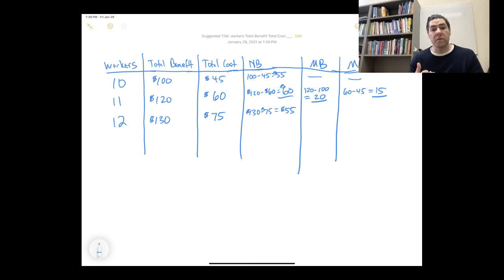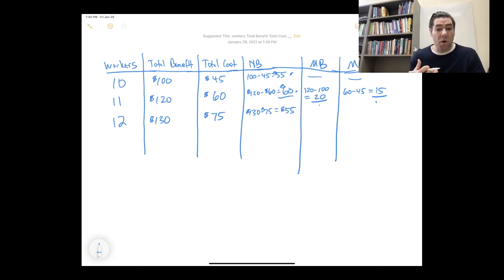It will increase our net benefit. And we see that exactly it does. Just notice, by the way, the increase in net benefit, $5 from 55 to 60, is exactly the difference in my marginal benefit and marginal cost. So I can subtract those two and know exactly how my net benefit will change. As long as it's positive, my net benefit has to be increasing.